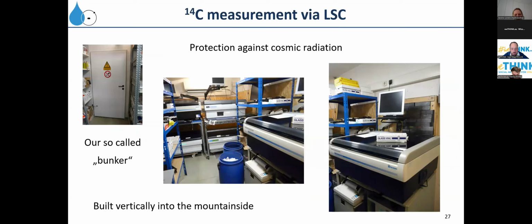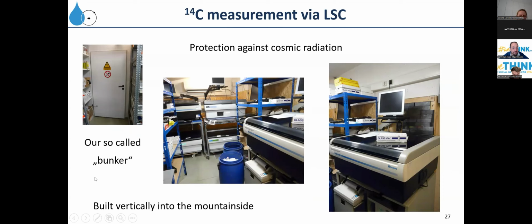As the recovery rate is low, and as there are just a few carbon-14 isotopes in the samples which can actively react, we need very, very good protection against the cosmic radiation.